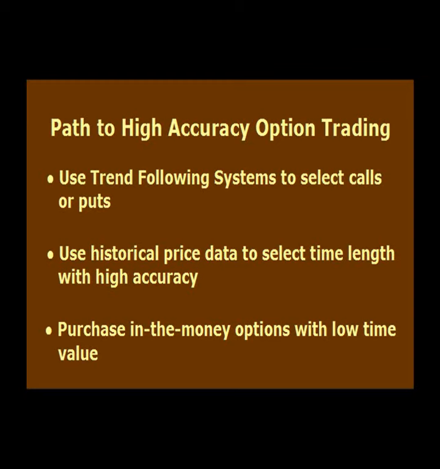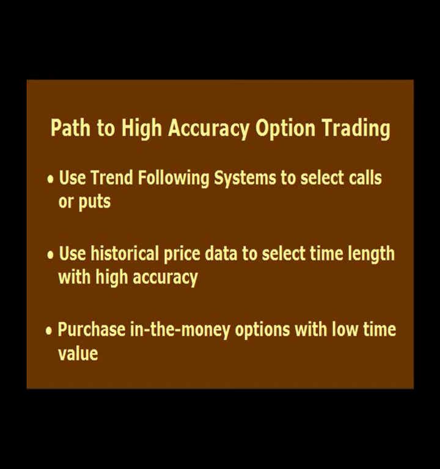I like to use historical price data to help select the time length of an option. Historical price data allows me to know the percentage of times a stock increased in price between option expiration dates. This helps me select an option time length or expiration date that has a high probability of success.